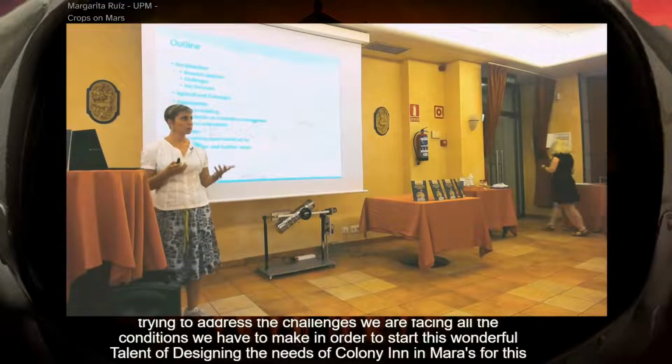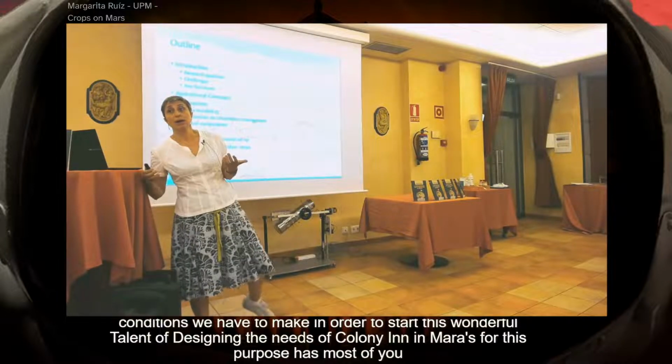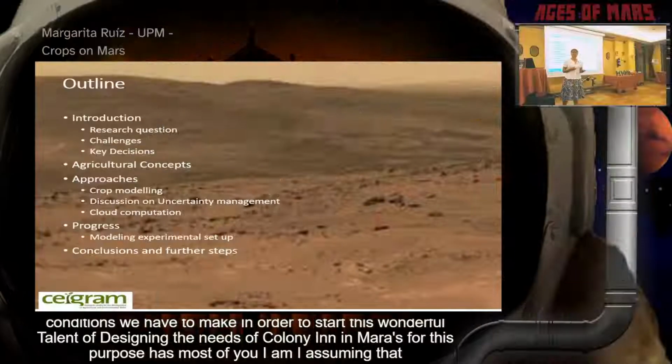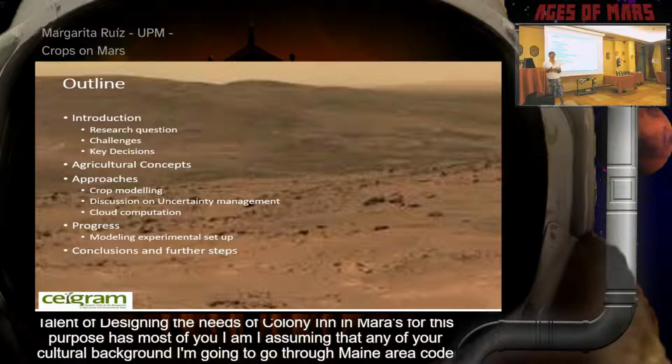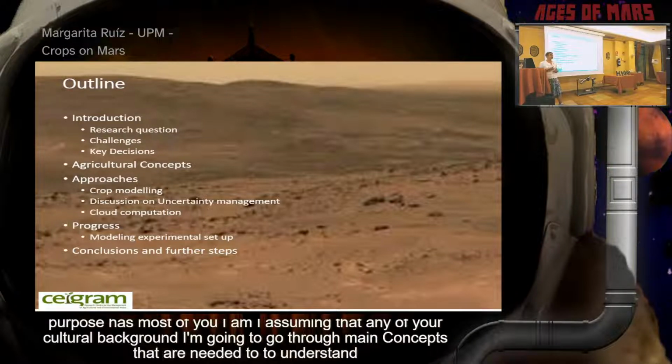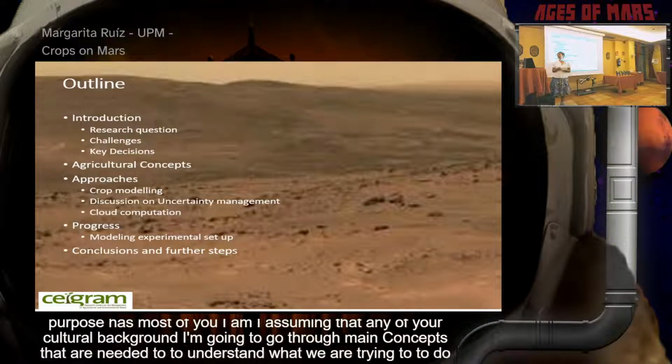For this purpose, as most of you, I'm assuming, don't have any agricultural background, I'm going to go through main agricultural concepts that are needed to understand what we are trying to do with this study.